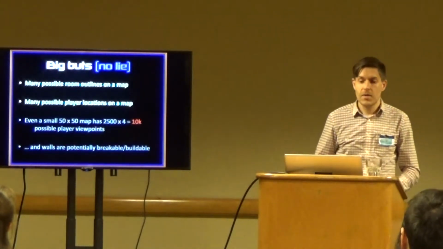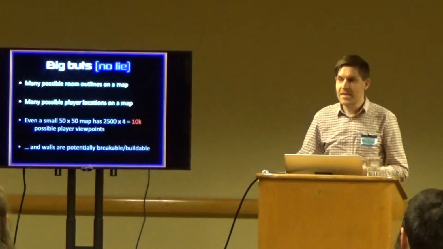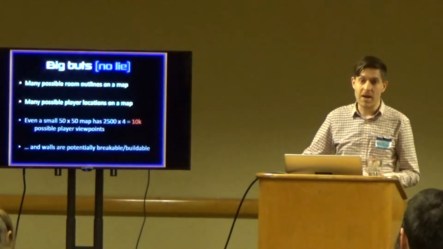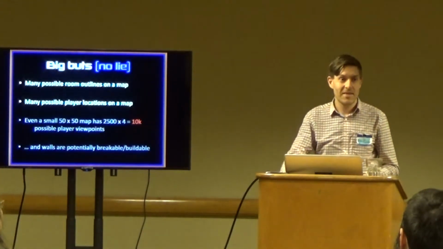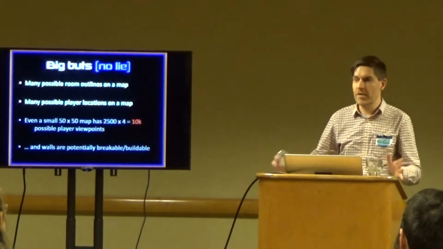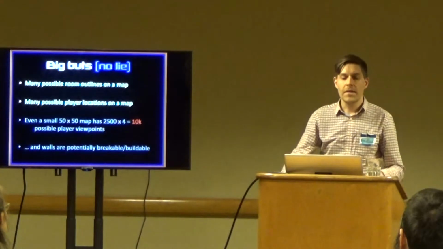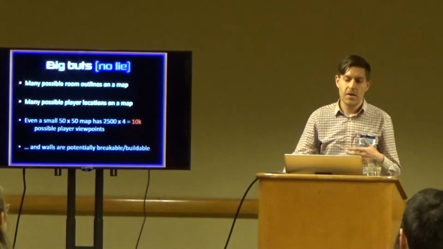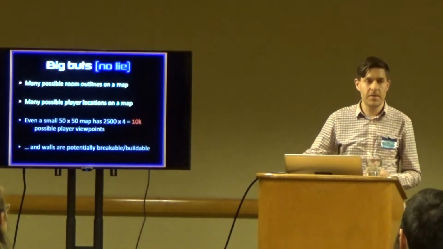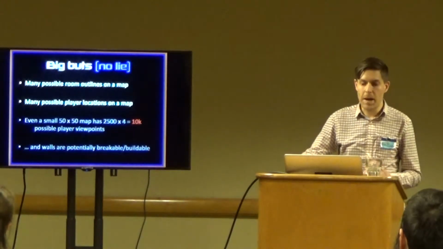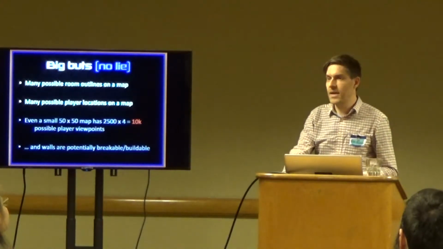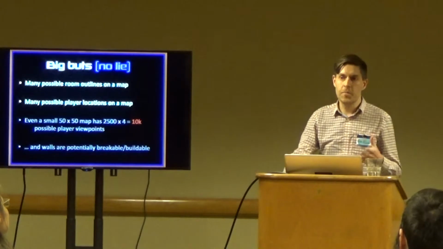Now, one of the problems is that there are many possible room outlines on the map. The map can have arbitrary shaped and sized rooms and so forth. And there are many possible player locations. So even if I have a 50 by 50 tile system for my map, that can easily be up to 10,000 possible player viewpoints within that map.